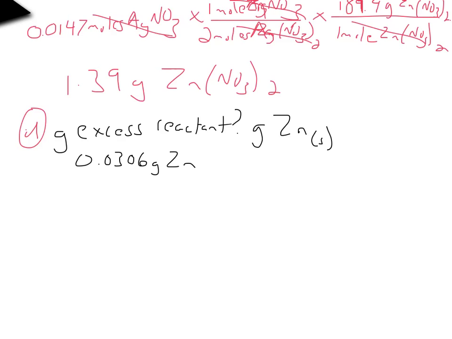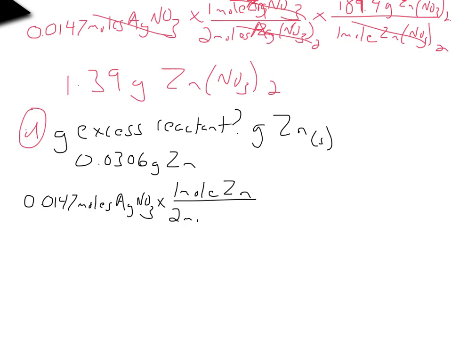And if we have our limiting reactant again, 0.0147 moles of silver nitrate, we want to figure out how many moles of zinc we use with that. In 1 mole of zinc, we know there's 2 moles of silver nitrate based on the stoichiometry, and so that comes out to 0.00735 moles of zinc that we're actually going to use.